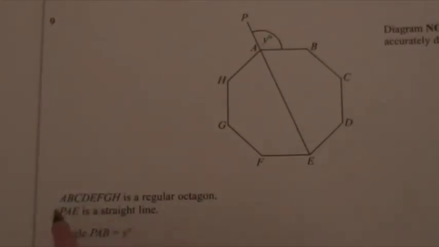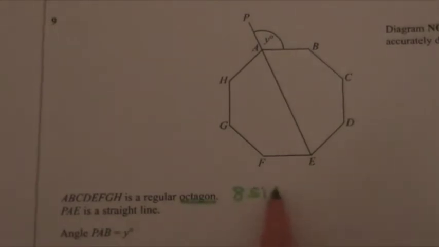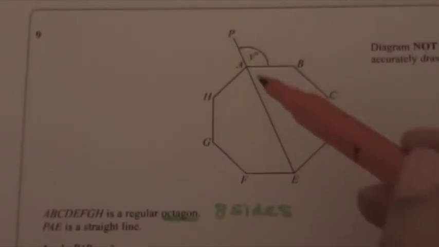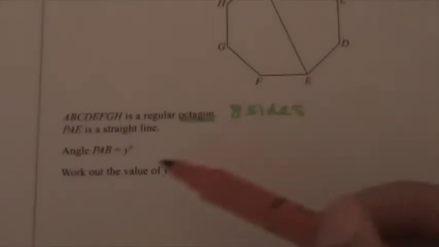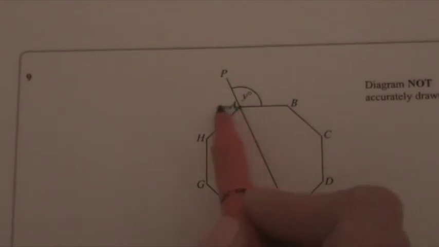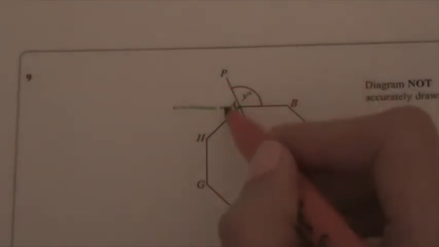Question 9. A, B, C, D, E, F, G, H is a regular octagon. It's 8 sides. PAE is a straight line. Angle PAB equals y. Work out the value of y. Now my first step would be to work out the exterior angle here.